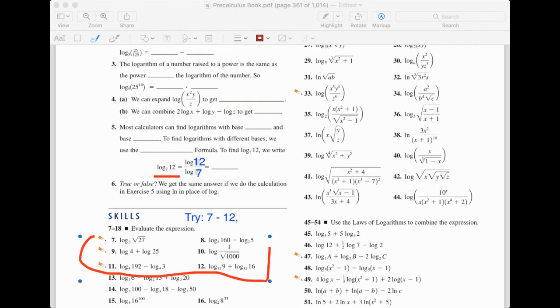The base of the log is 10, and inside the log is 10 raised by negative 3 over 2. Yep. So according to this rule, what should be your answer? Yeah, negative 3 over 2. Great, that's it. Anybody has any question for 10?